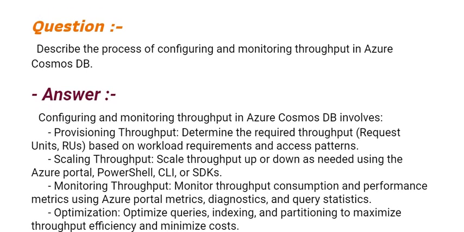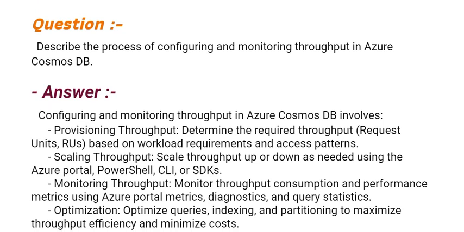Our next question is, describe the process of configuring and monitoring throughput in Azure Cosmos DB. Your answer should be, configuring and monitoring throughput in Azure Cosmos DB includes provisioning throughput: determine the required throughput, request units RUs, based on workload requirements and access patterns.